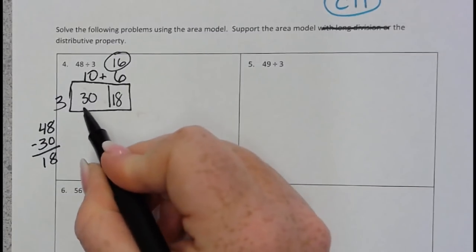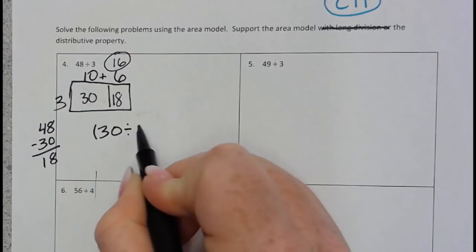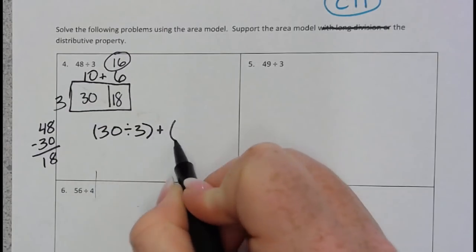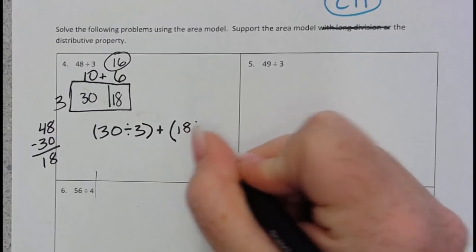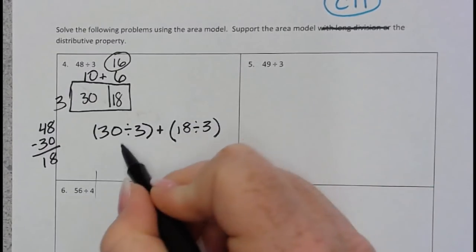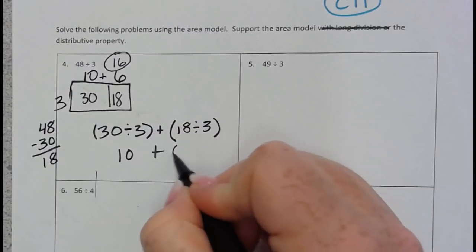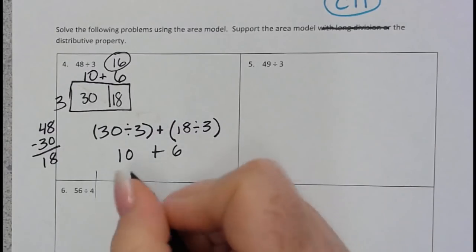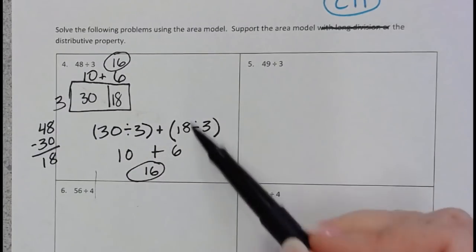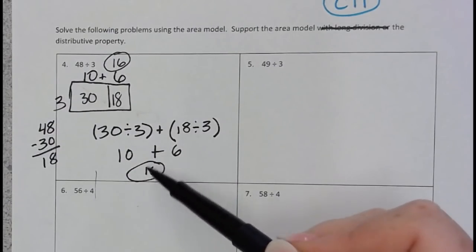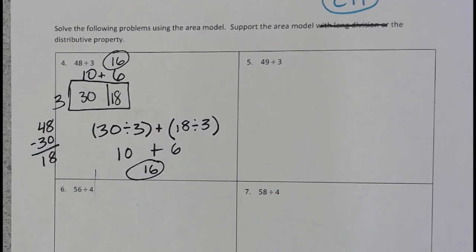We're going to say, okay, we did 30 divided by 3 and we added that to 18 divided by 3. 30 divided by 3 was 10. 18 divided by 3 was 6. And 10 plus 6 is 16. Okay, and so that's all that means when it says to model with or support with the distributive property. That's all that it's referring to.